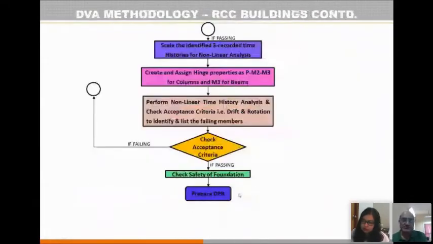Once that is done, scale the identified 3 recorded time histories. So we are expected to do the non-linear dynamic analysis as well.